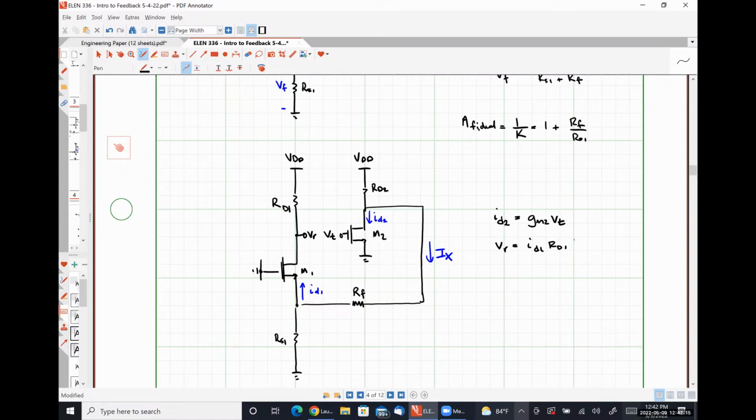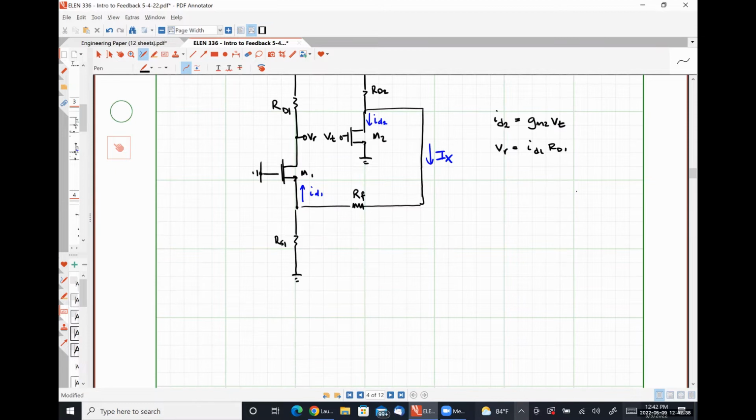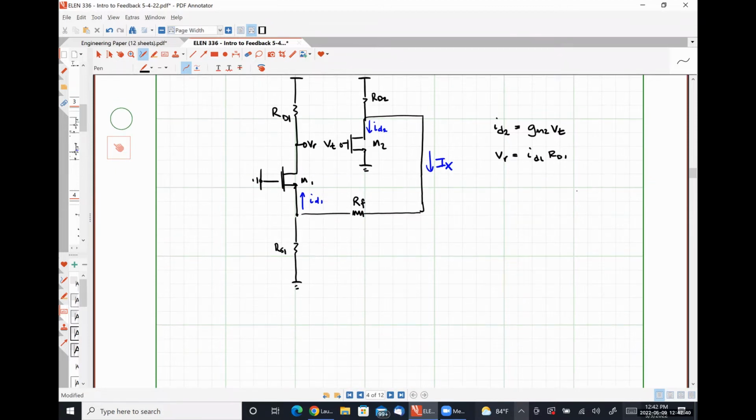I am going to argue that we can use the concept of current division twice to figure out what's going on. So IX, for instance, is going to be negative ID2.